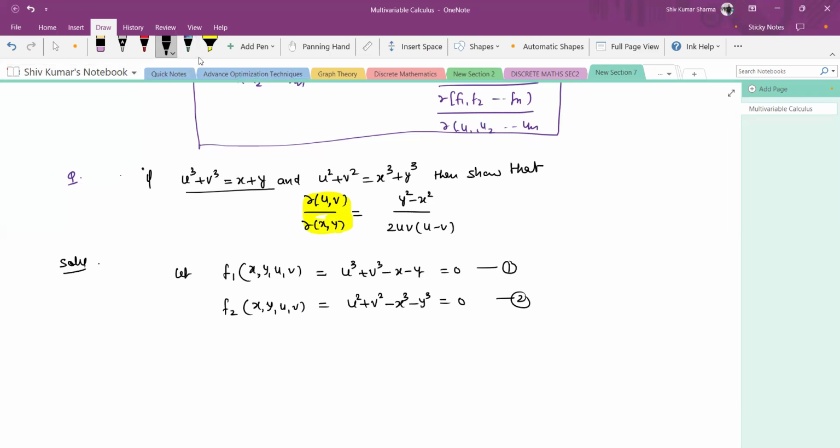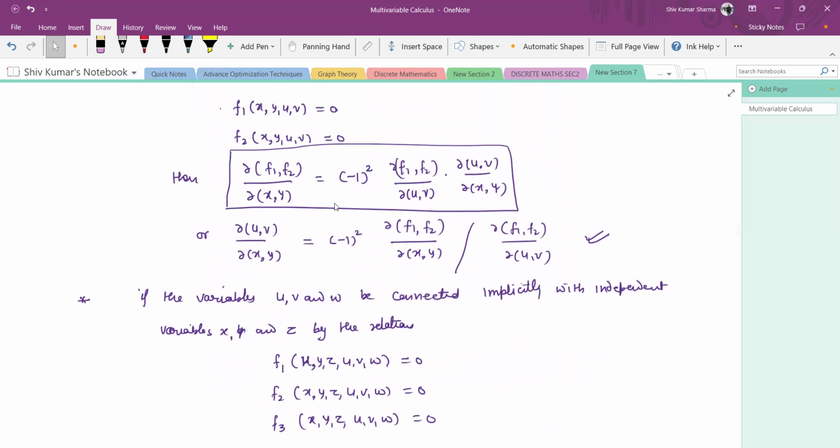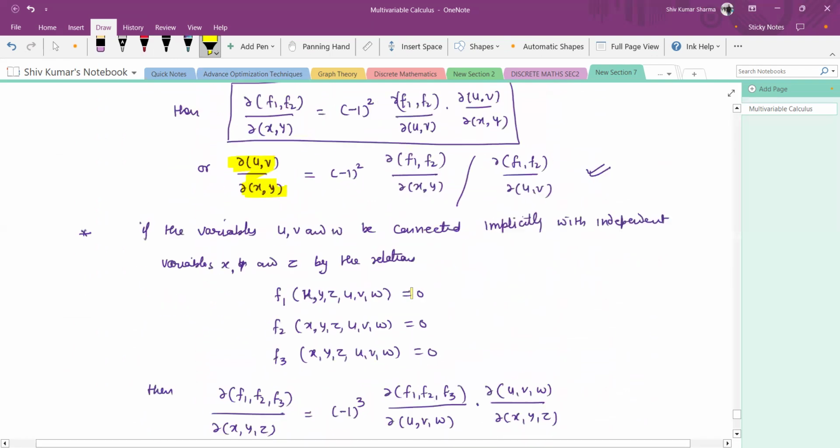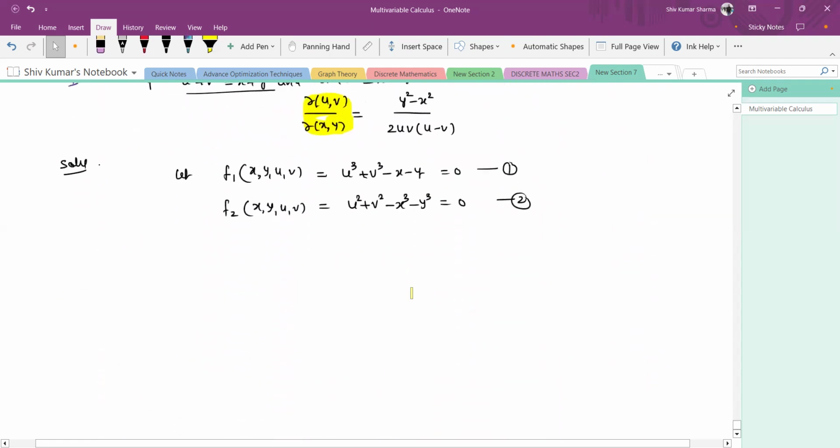So when we calculate del(u,v) upon del(x,y), we use the first result. We write this as minus 1 raised to the power 2, del(f1,f2) upon del(x,y) upon del(f1,f2) upon del(u,v). So we write directly the Jacobian of uv upon xy.